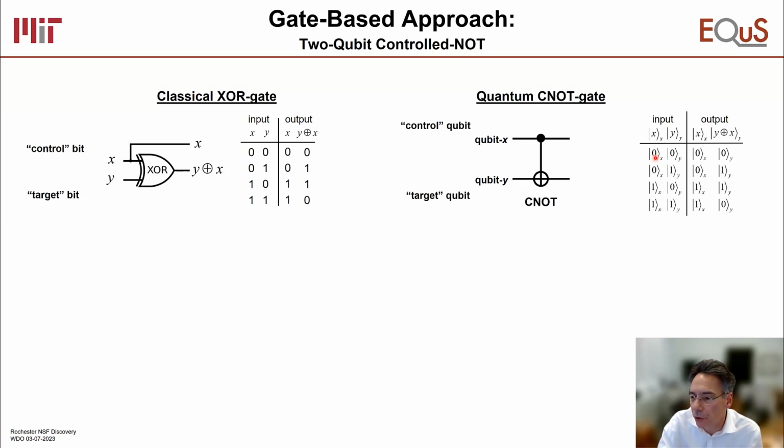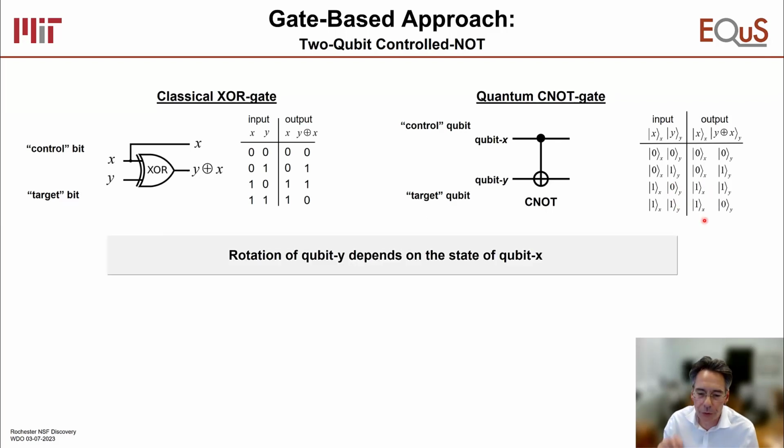And when the control qubit X is 0, we pass the state of qubit Y to the output. And when the control qubit is 1, we invert, do an X gate, right? We'll take qubit value 0 to qubit value 1 and 1 to 0. So the rotation of the target qubit Y depends on the state of the control qubit X.